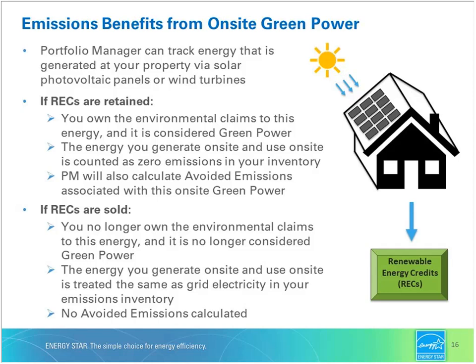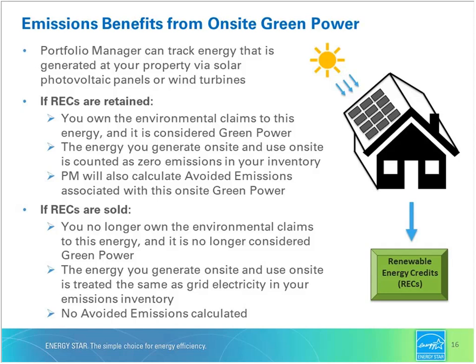If the RECs are retained and you are consuming energy on-site that you generated on-site, then you own the environmental claims to that green power. And the power from the on-site renewables that are consumed to operate your building will be counted as zero emissions in your total greenhouse gas emissions. Portfolio Manager will separately also track the avoided emissions that are associated with your on-site green power generation.